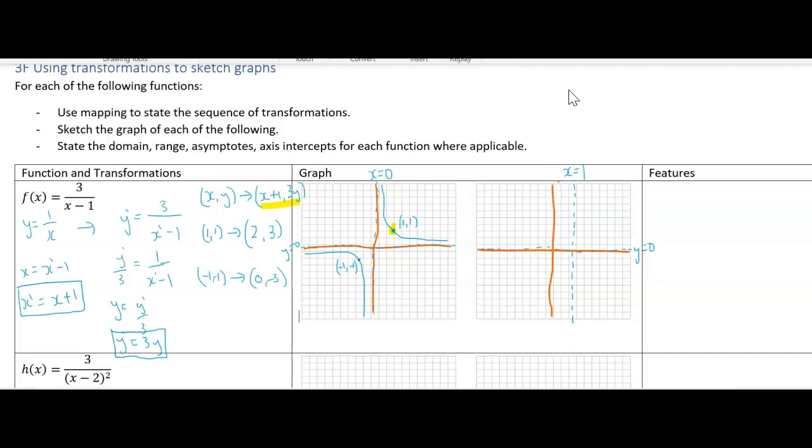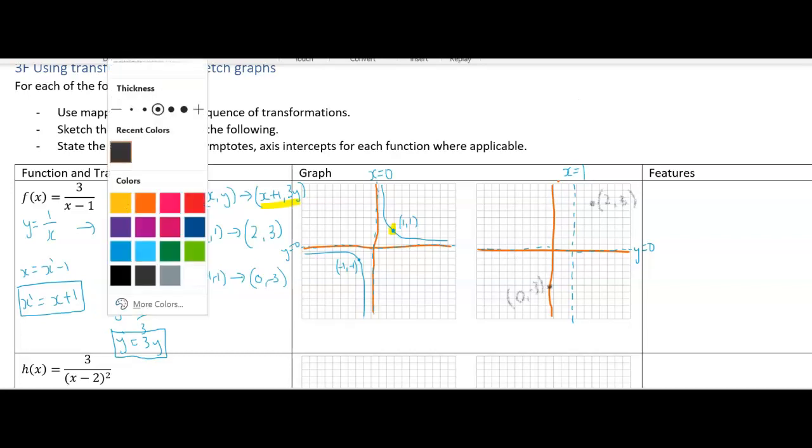Okay, so we want to plot the 2 points. So the first one is 2, 3. So I'm going to put that up there. It's not the best pencil, is it? And then our other point has gone to 0, -3. If I can get that a little bit sharper, darker.